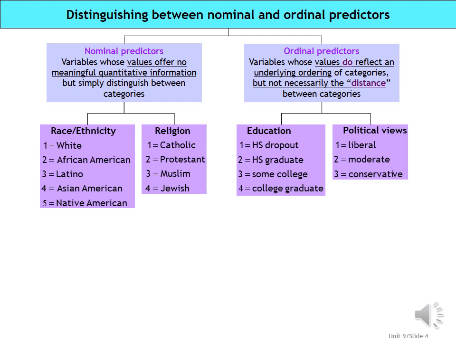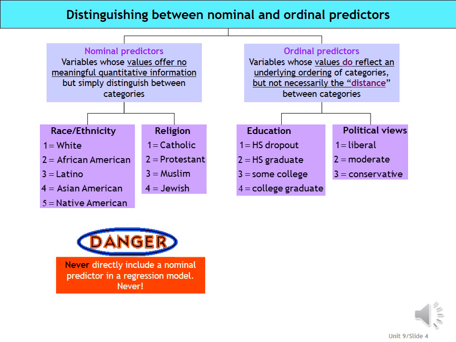If the differences between values are equal, then it's a continuous variable. But here the differences are not the same. We can't talk about the difference between liberal and moderate, and moderate and conservative, as equal, because the differences come from different perspectives. So these are ordinal.